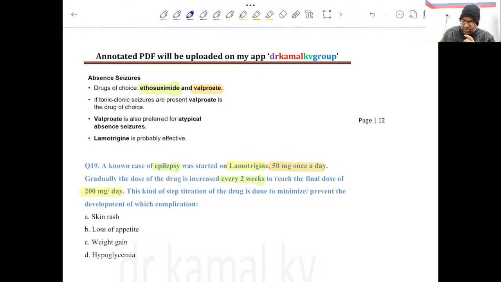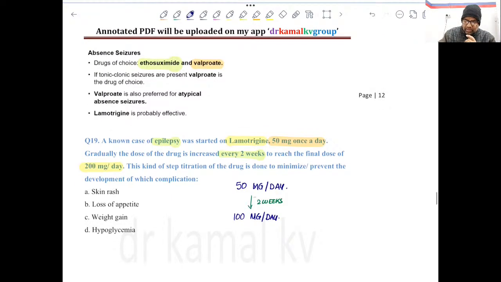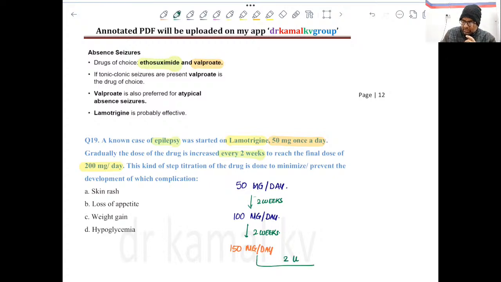Because for lamotrigine, we start with a 50 milligram per day dose, and then after 2 weeks we make it 100 milligram per day, and then after another 2 weeks we make it 150 milligram per day, and finally after 2 more weeks we make it 200 milligram per day, which is the desired dose of lamotrigine.